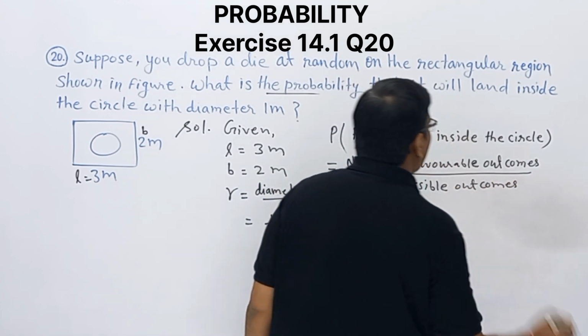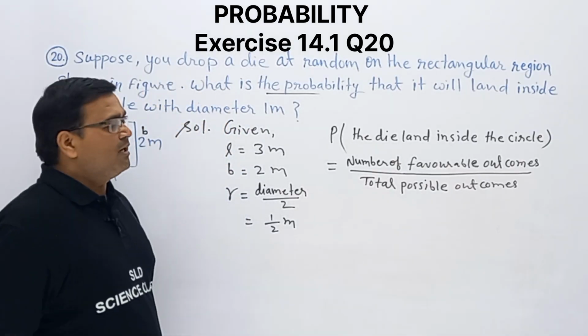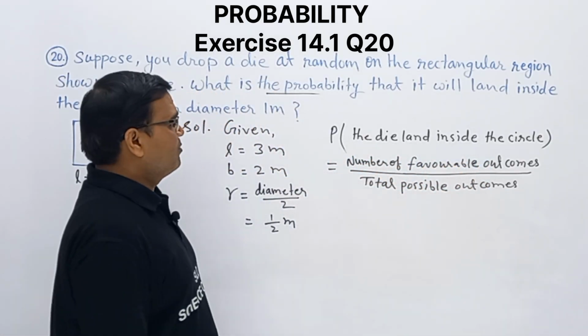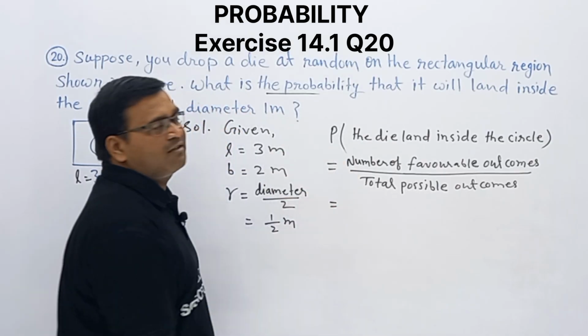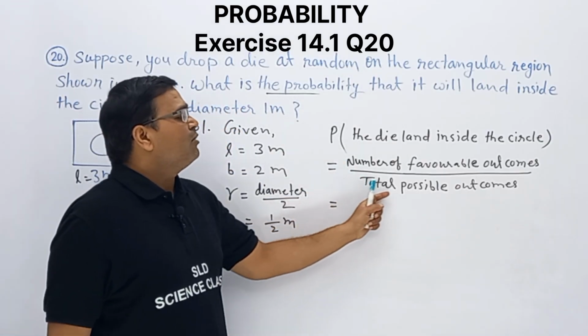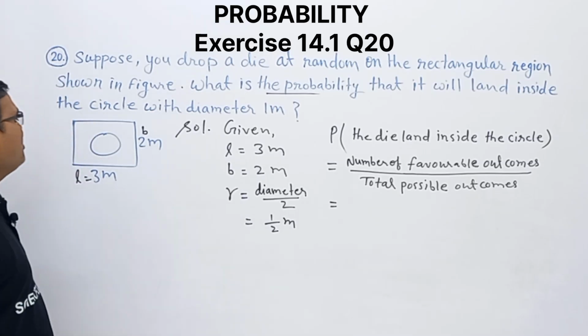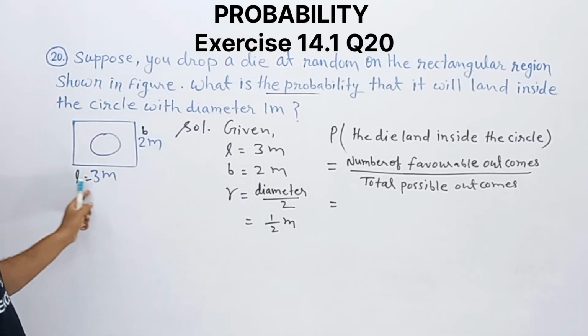This is the formula of probability. Now in this case, total possible outcomes will be the area of the rectangle, and number of favorable outcomes will be the area of the circle.